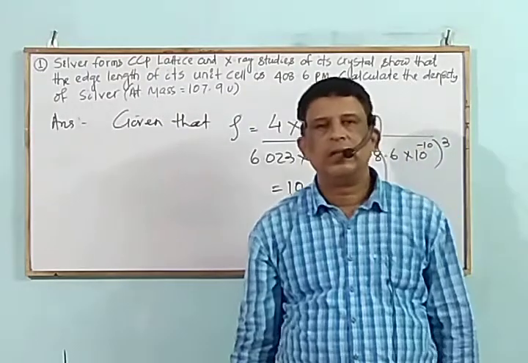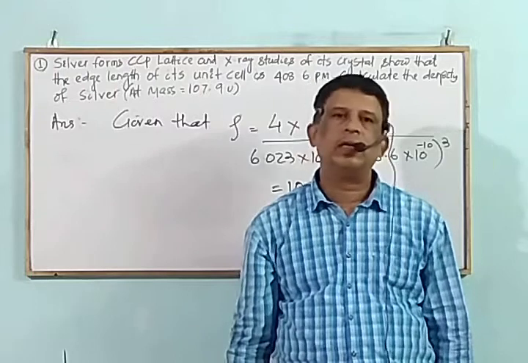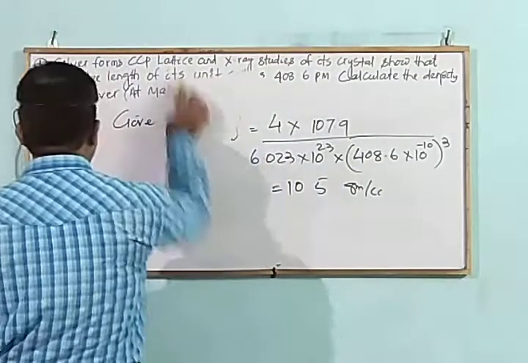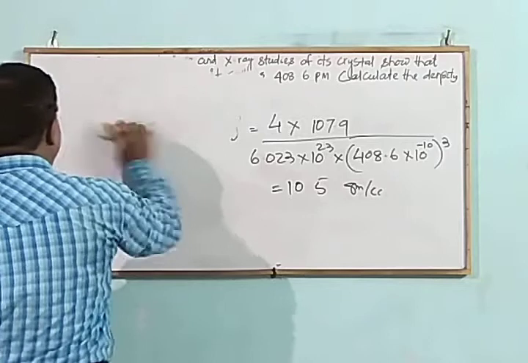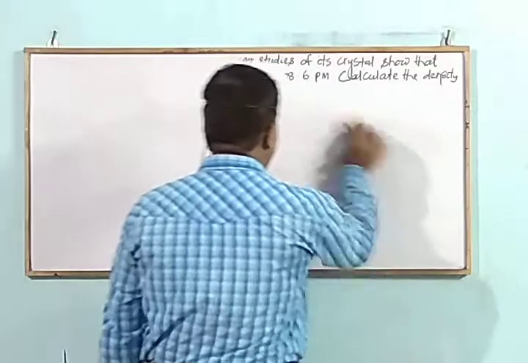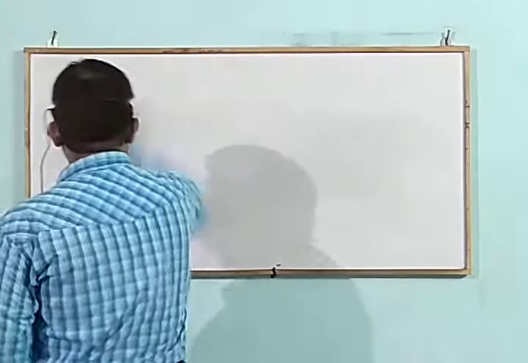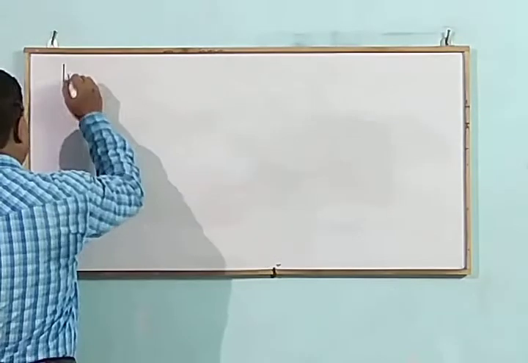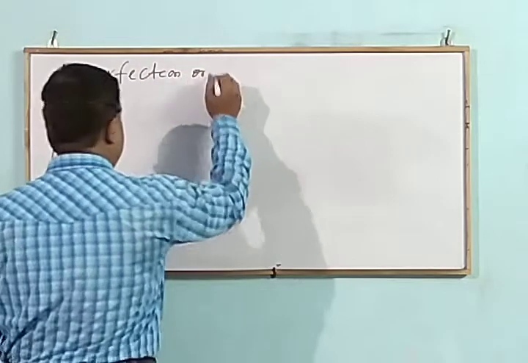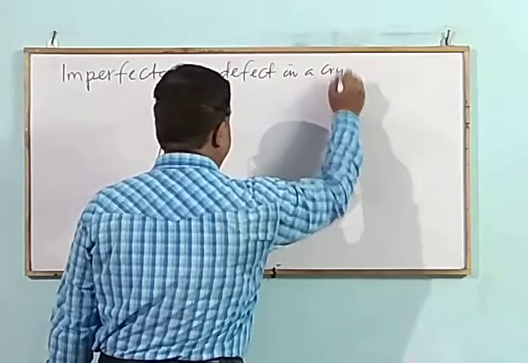Next term, that is imperfection or defect in solids. Next we discuss imperfection or defect in a crystal.